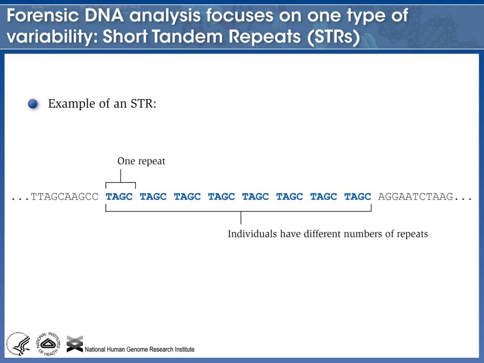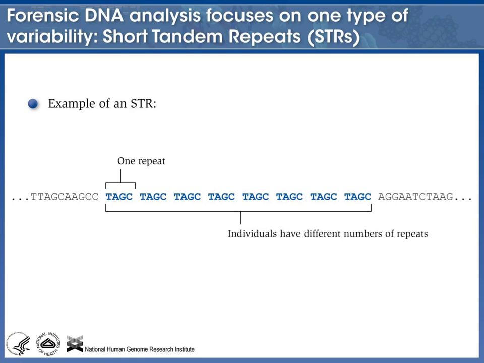Instead of each base being a difference, we look at these repeats. These are variable, and they're called short tandem repeats, STRs, and they usually consist of 3 or 4 bases.